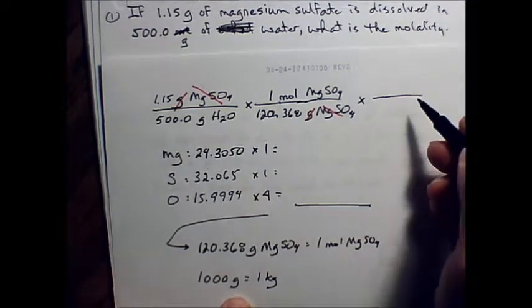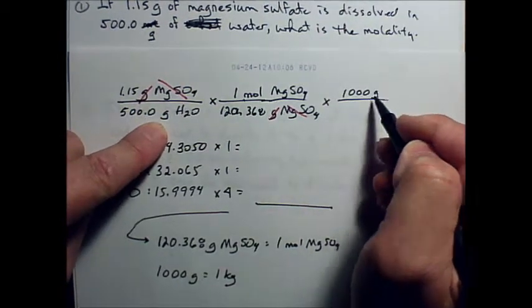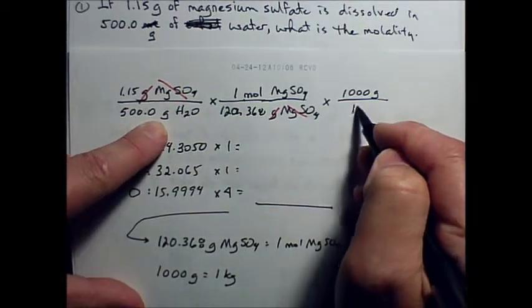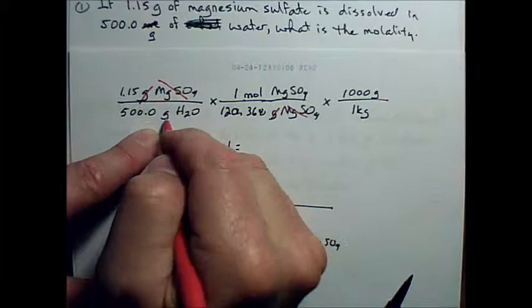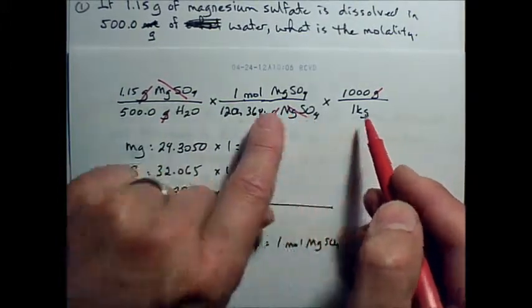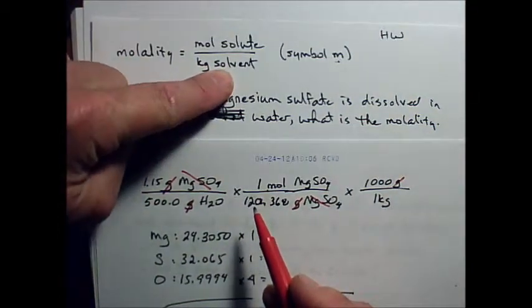Then you put 1,000 grams on the top, matching the grams on the bottom, and 1 kilogram on the bottom. Because I canceled grams, what I have on the bottom is kilograms of water, the solvent, which is what I need.